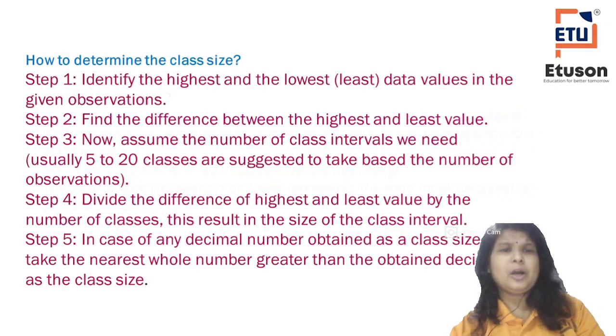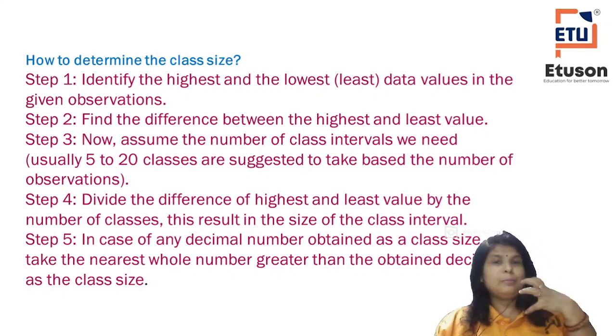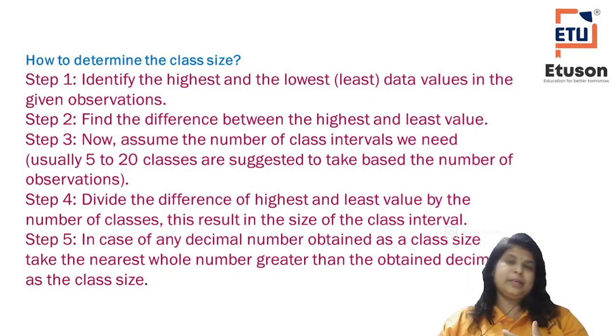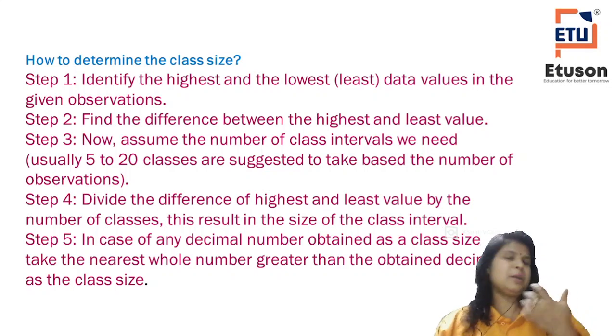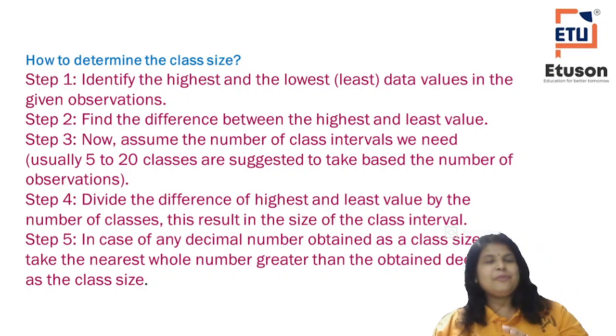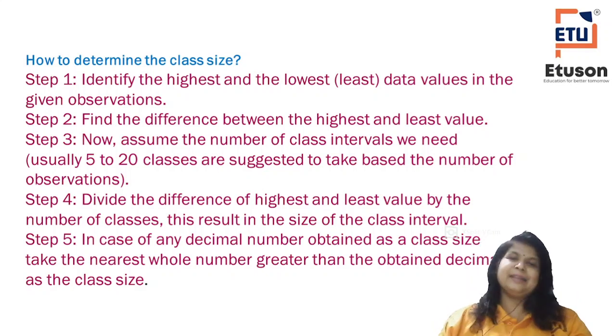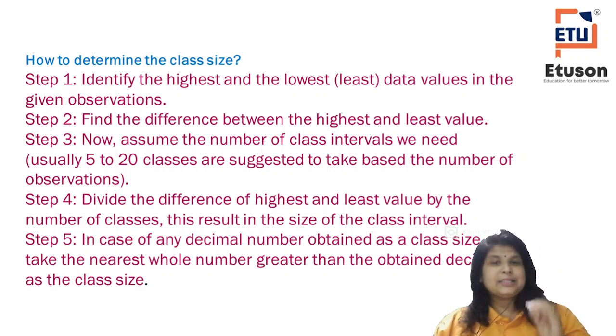So now, how to determine the class size? First you have to identify the maximum and the minimum data value, that is the highest and the lowest data value in the given observations. Then what next? Find the difference between the highest and the least value. Then assume the number of class intervals we need.